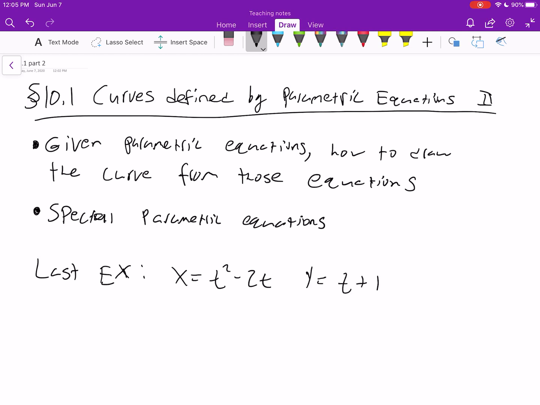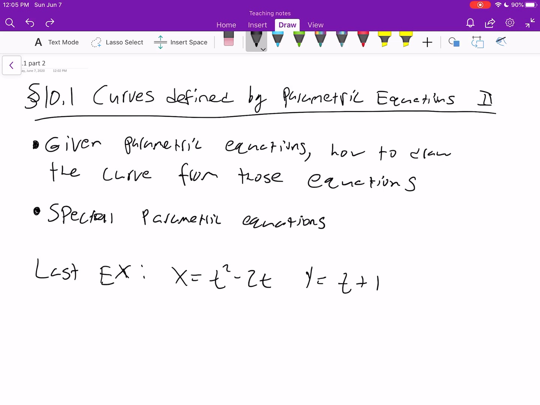I wouldn't know the shape of that right off the top of my head, though I'd have some idea because of the t squared, but that comes with practice. The point is that I'm teaching you how to draw things like this, so you can sketch them in case you need to know what they look like. You can also solve the second equation, y equals t plus 1, for t, plug that back into x, and get an implicit equation for the curve.